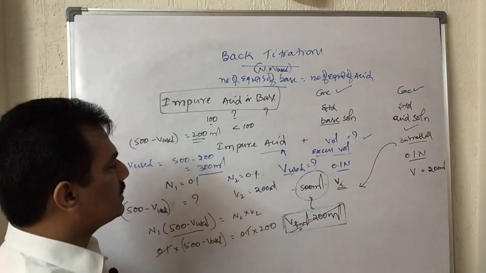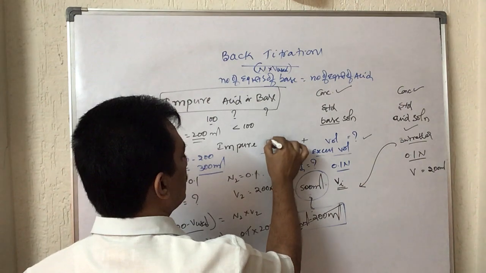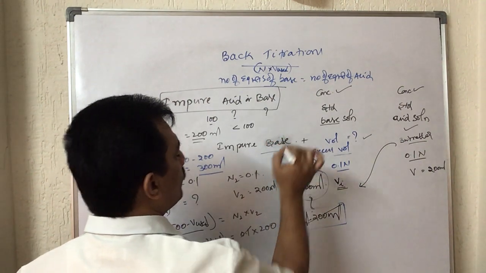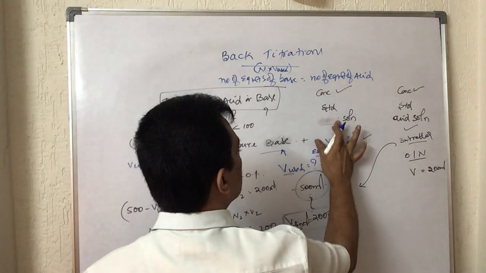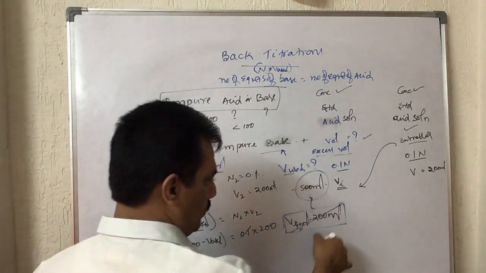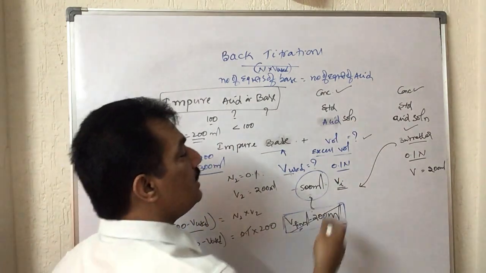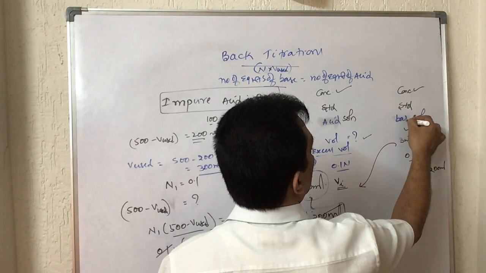Clear? Now let us consider if it is an impure base. If it is an impure base, then what are we doing? First we neutralize it with an acid solution which is known, taken in excess, and then the excess is titrated with a base solution.